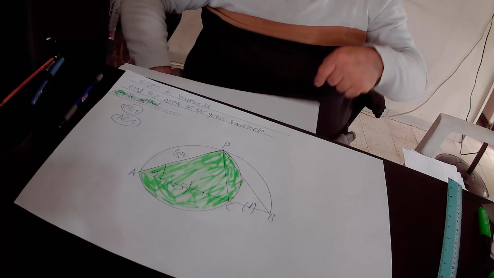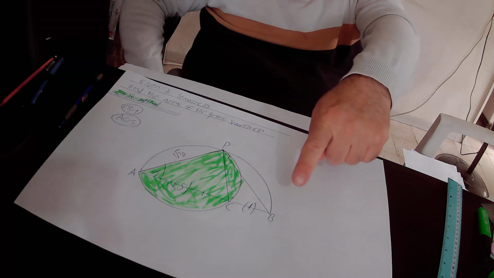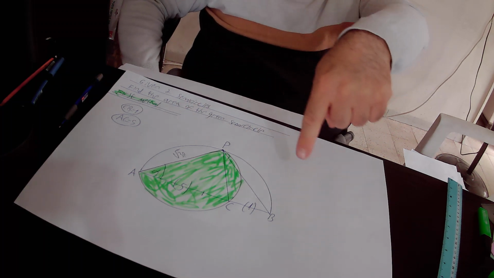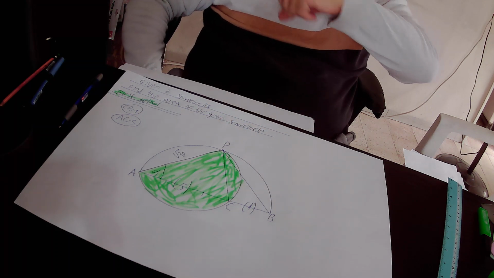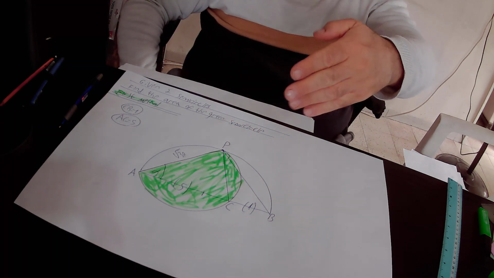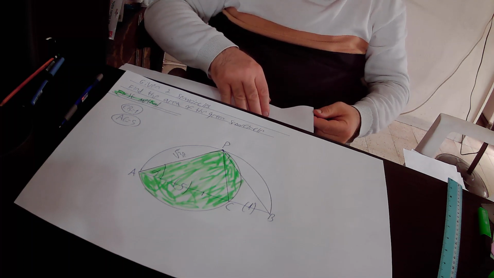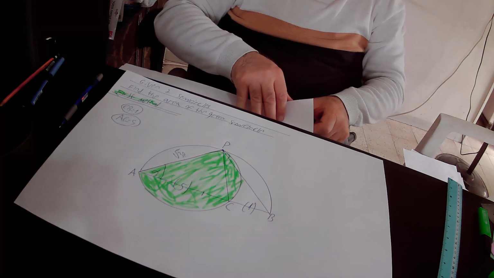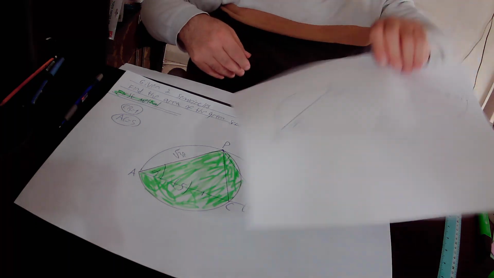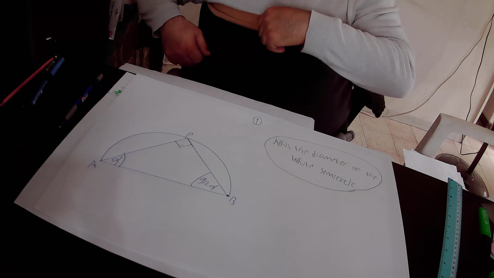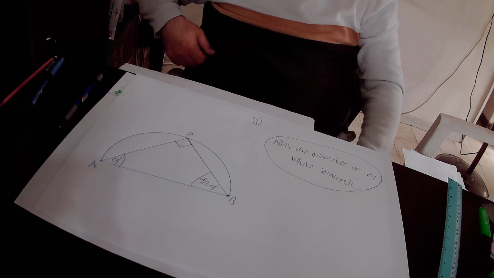So first of all, we joined points P and B together by a straight line, and I copied this white semicircle in a new page, and we implemented rule 7 on the white semicircle. This is the white semicircle that I copied from the original drawing.